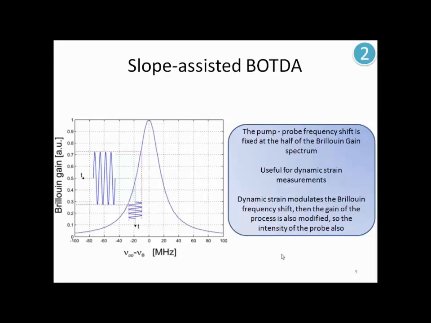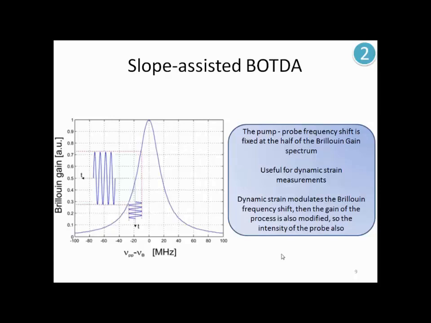But we try to avoid this last drawback using this other configuration, that is slope-assisted BOTDA, where the pump frequency is fixed at the half of the Brillouin gain spectrum. So if we have some dynamic strain in the fiber, this effect modulates the Brillouin frequency.